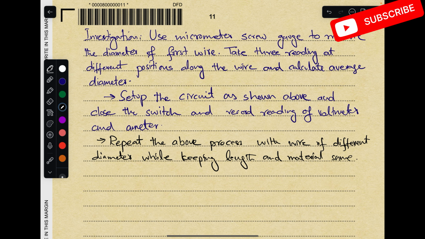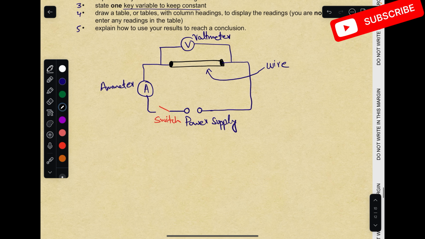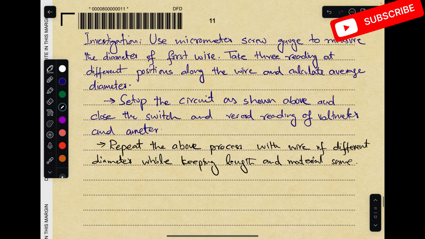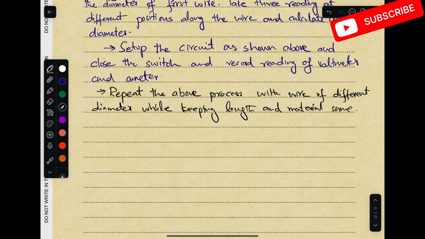So let's go back to what they're asking. The fourth part, you have to draw the table now. First, you have to write down, do this for at least 6 wires.